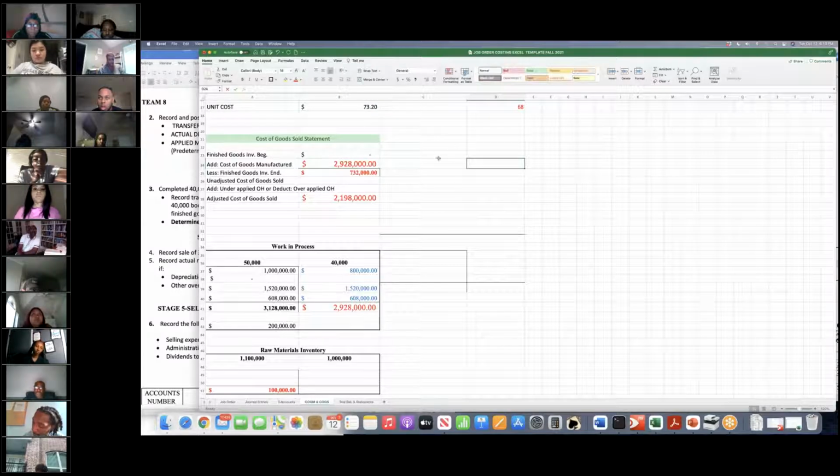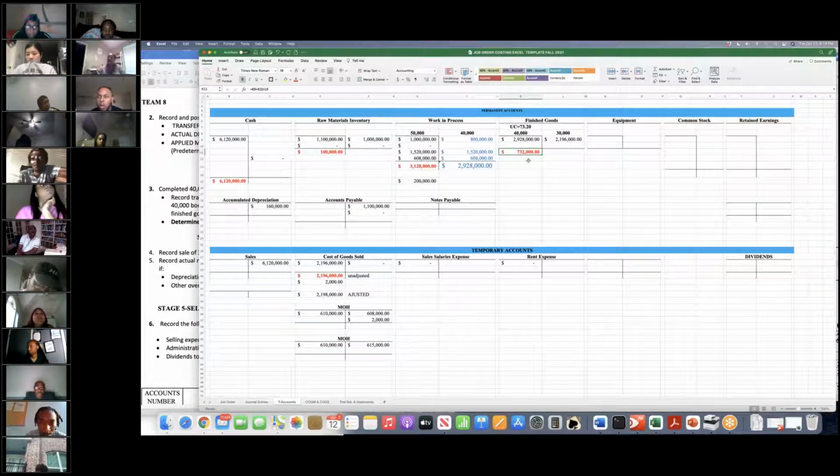So 732 is what was left in the T account for finished goods.